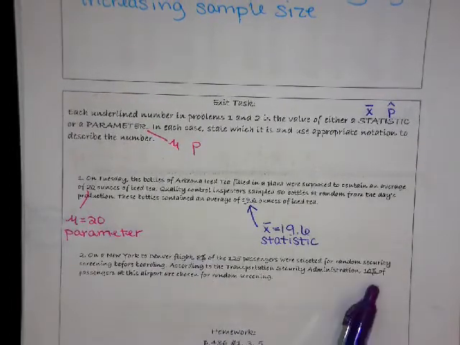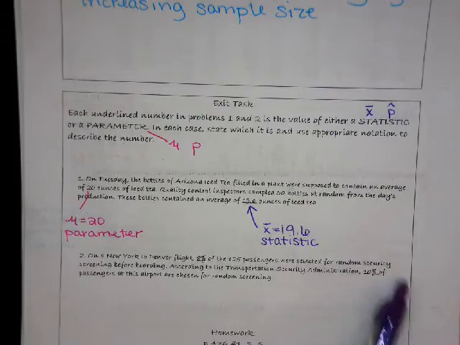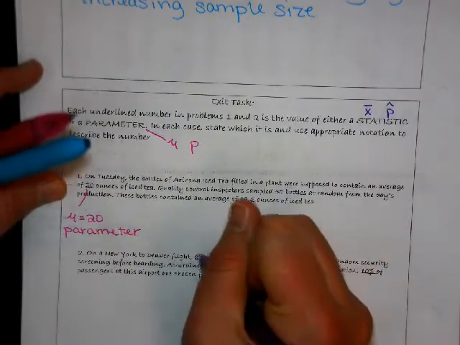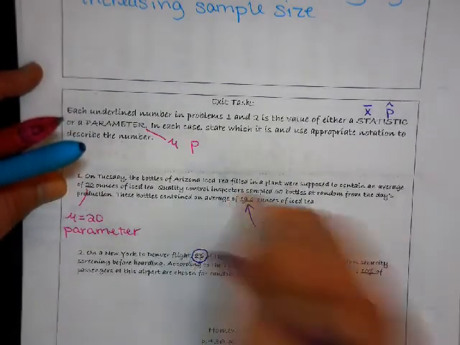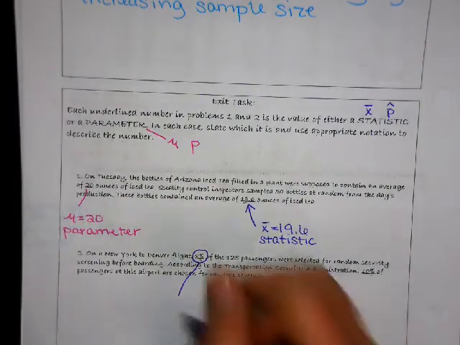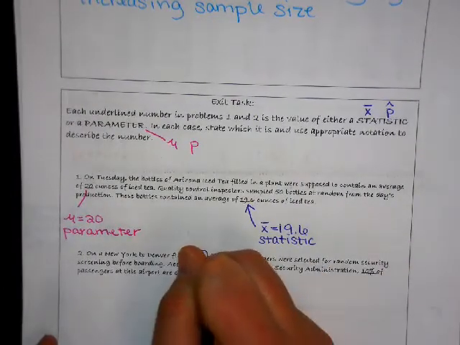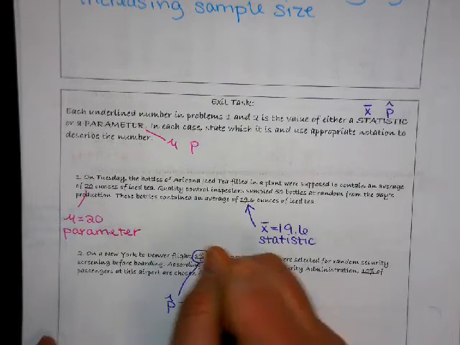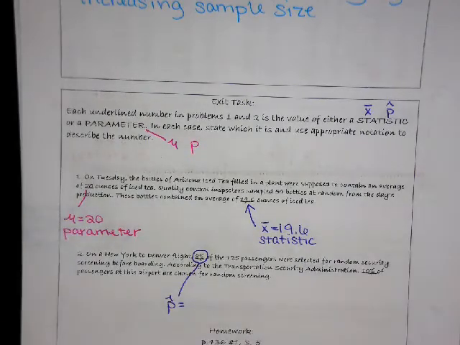Percents are proportions. So we're going to use p hat. And how do we write 8% as a decimal? Because proportions have to be written as decimals. Sorry. I asked and then I spoke over it. Cheyenne? 0.08. Thank you. If you don't remember, just divide by 100. Move your decimal 2 to the left.